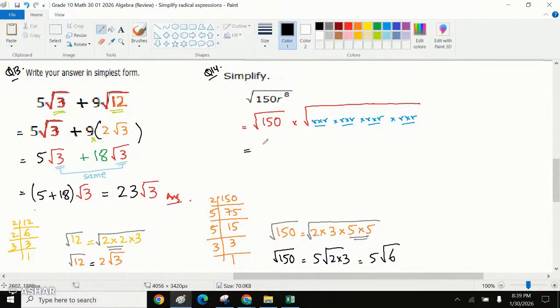Radical 150 can be written as 5 root 6 multiplied by, how many pairs of r are here? We have 4 pairs, right? That means r multiplied by r multiplied by r multiplied by r. So the final answer comes out to be 5 radical 6, r to the exponent 4. And that is our final answer.